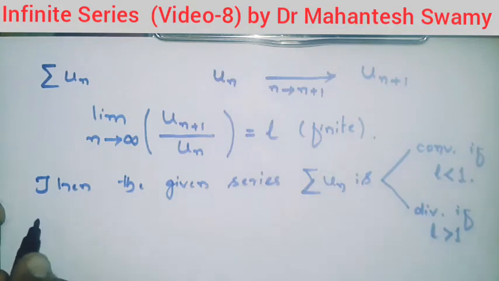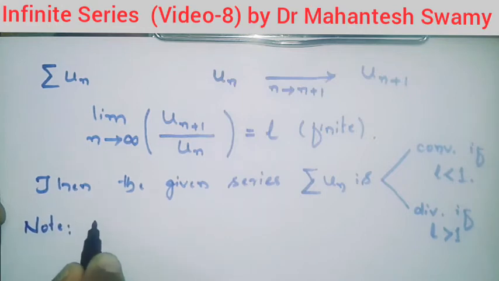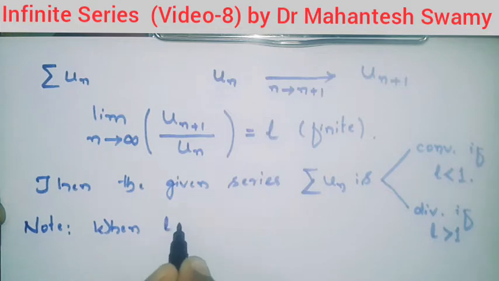Now an important question arises. What happens when L is equal to 1? When that limit is exactly equal to 1, our conclusion is that the ratio test fails. We will not proceed with the ratio test when the limit L is equal to 1.